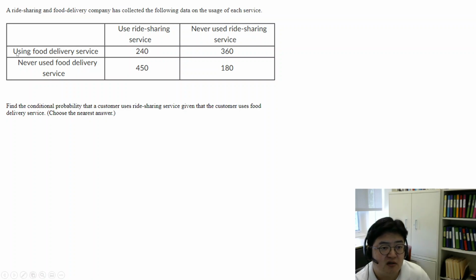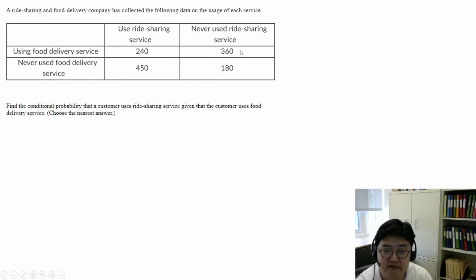The first row are the customers who have used the food delivery service, so we are going to delete the second row.